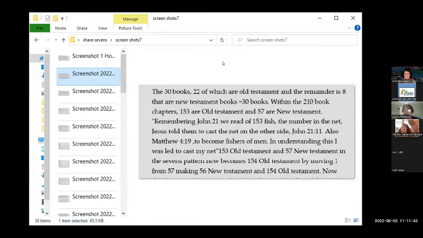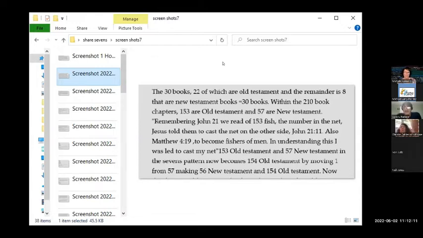So there's obviously 210 book chapters. Out of the 210, there's 153 of them that are Old Testament. And then the remainder, 57, are New Testament book chapters we're talking now.